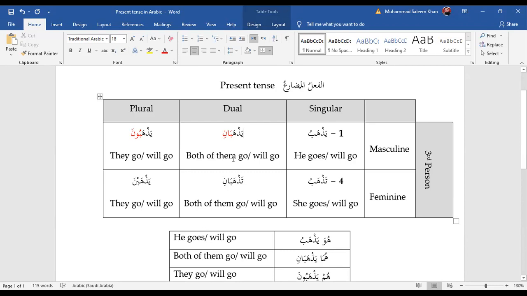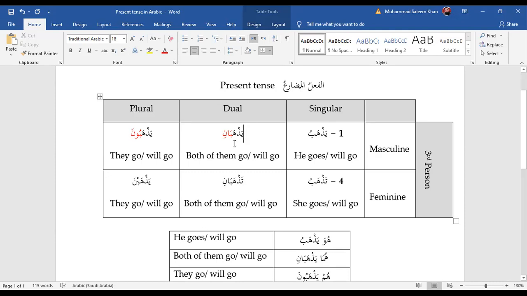So kafirun, does it have ya or ta in the beginning? We don't have. So when we say kafirani, that means it's a noun. When we say kafiruna, that means it's a noun. Similarly, when we say muslimani and muslimuna, does it have ya or ta? No, sir. So that means this is a noun.